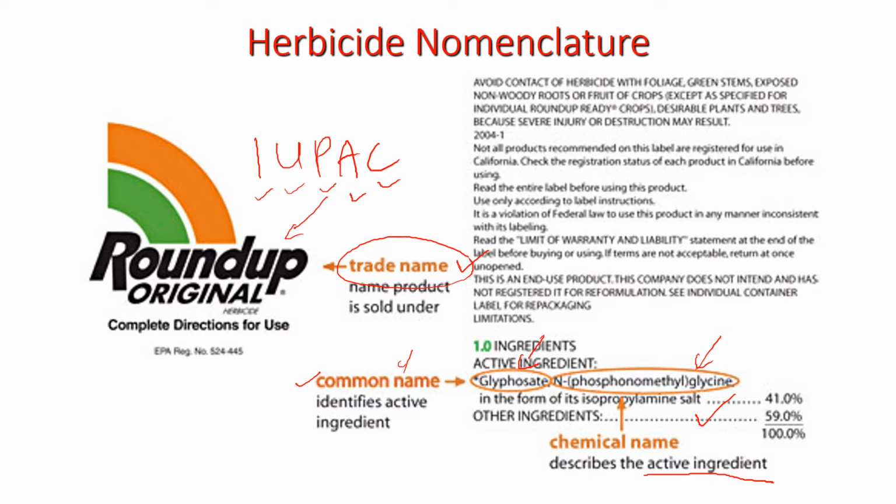This is one of the organizations; another one is CAS, which is the Chemical Abstracts Service. And there are some other organizations that give the nomenclature for the herbicides.